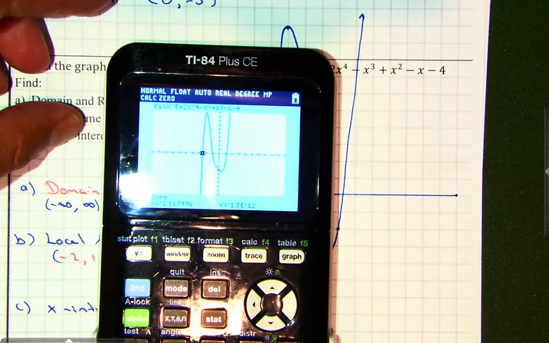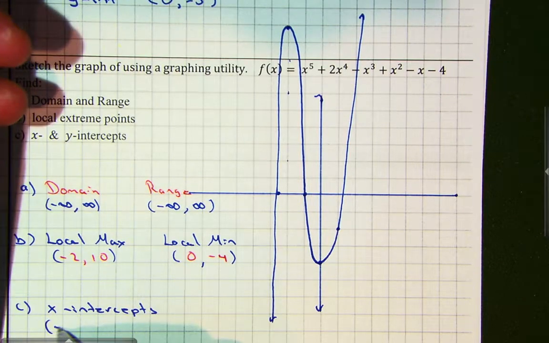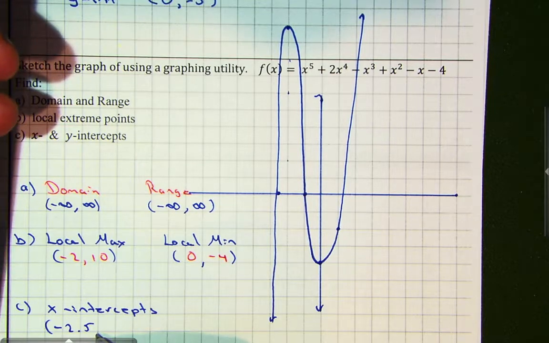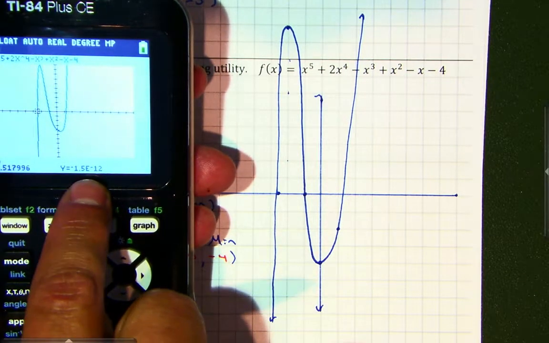And therefore my zero is -2.5, comma 0. Notice that it doesn't give you exactly 0, but it's a number close enough to 0.